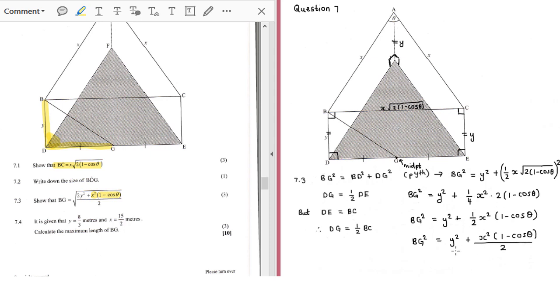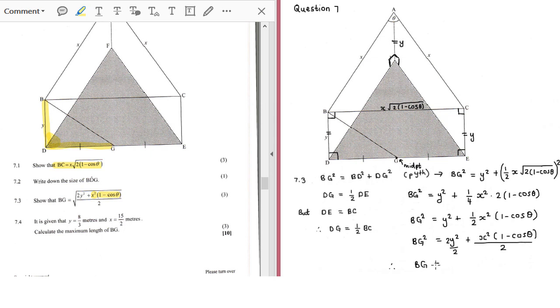Now you can see that what we have is two fractions that need to be added together. So we need an LCD over here of 2. So this is going to be 2 over 2. Then to finalize, we just need to take the square root of both sides.